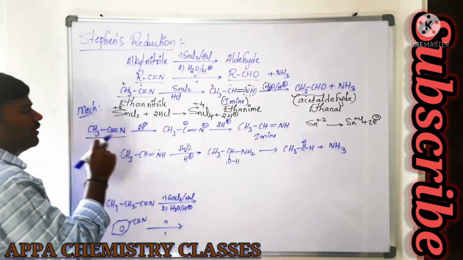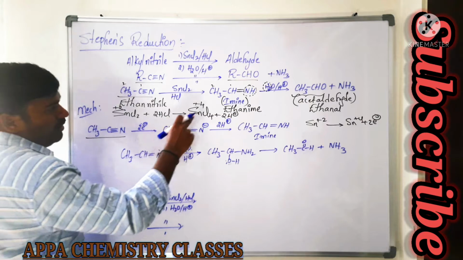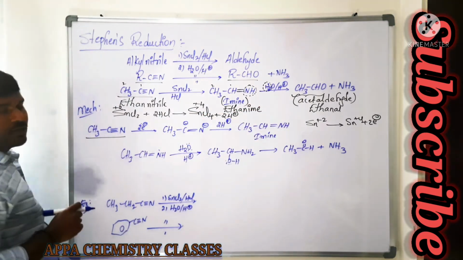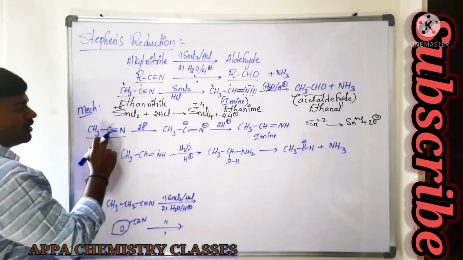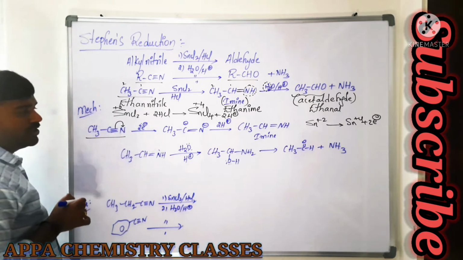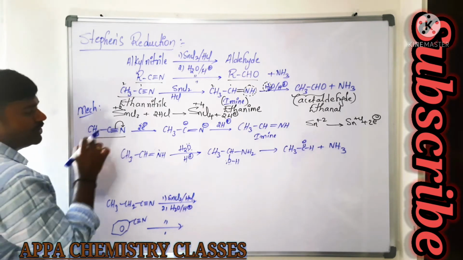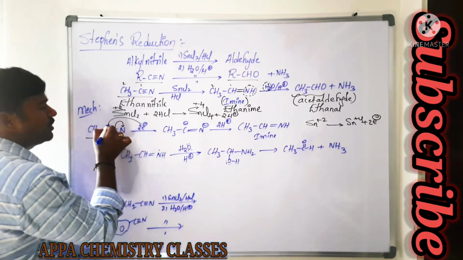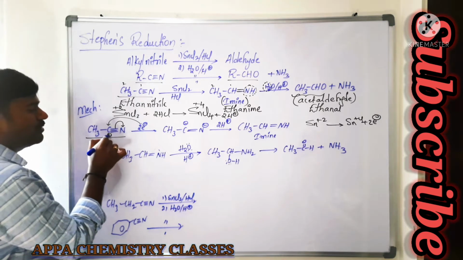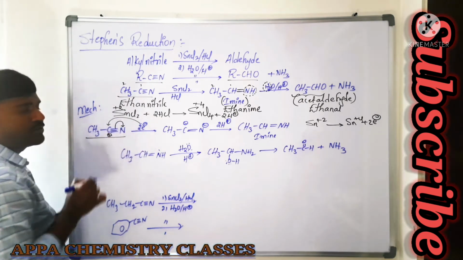Is that clear? Now you see in this case, the 2 electrons which we got are added to this carbon. Now in carbon and nitrogen, which is more electronegative? Nitrogen. This pi bond is shifted to the nitrogen, then nitrogen gets the negative charge. These 2 electrons are shifted to this carbon, because this carbon gets the positive charge.